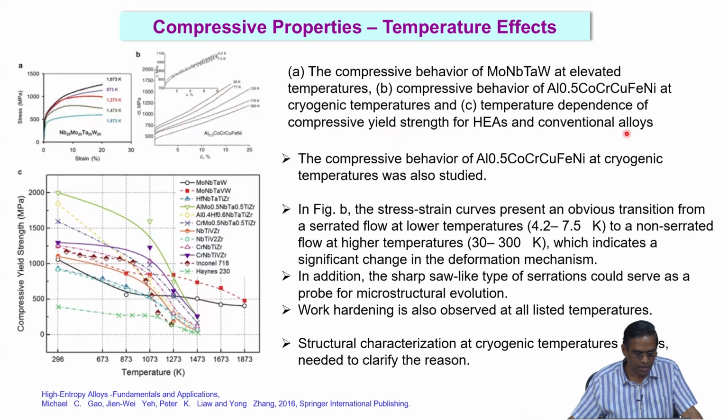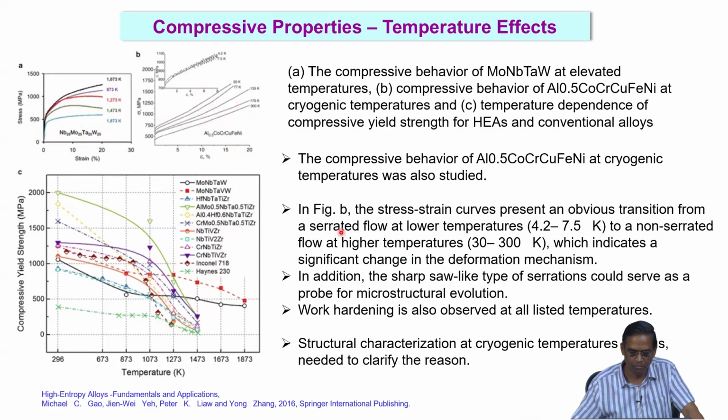And C is the temperature dependence of compressive yield strength for high entropy alloys and conventional alloys. In C, all these new alloys are compared with the conventional alloys like Inconel 718, Haynes 230, they are all superalloys, right. So what you see is a compression behavior anyway, which we have already discussed.